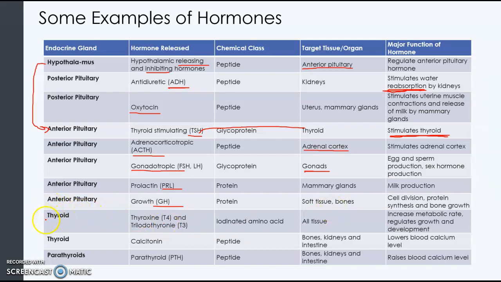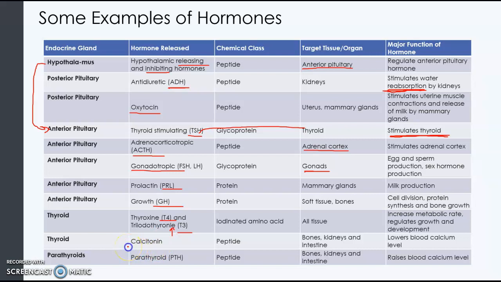And then here we've got the thyroid. The thyroid produces T4 and T3, thyroxine and triiodothyronine. There's a misspelling there. It's supposed to be an N between the I and the E. But T4 and T3 are fine. These are together called thyroid hormones, and what they do is they stimulate metabolism.